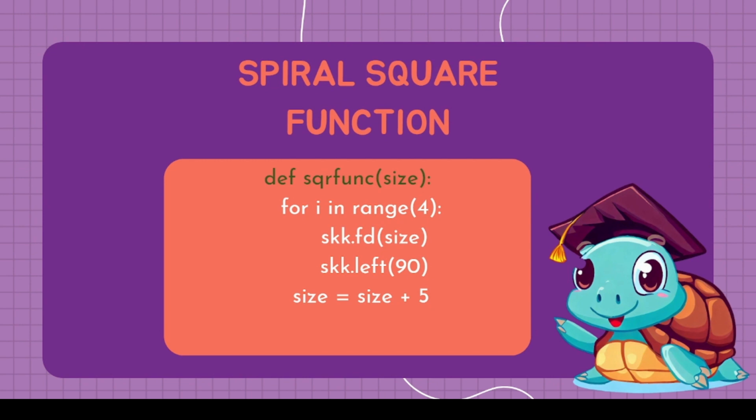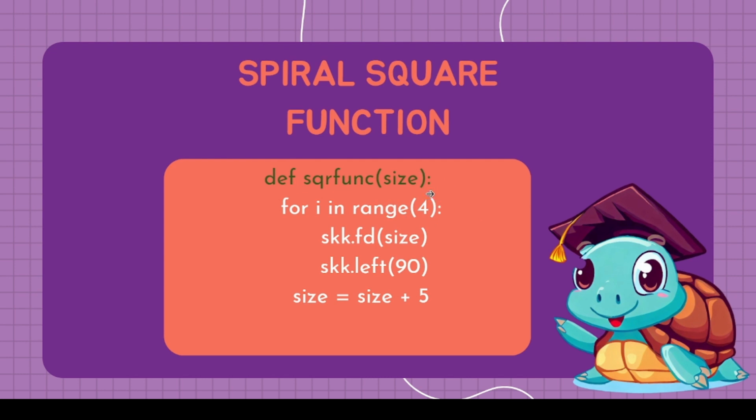First, we will define the square function with a size. This function takes a single parameter size which represents the side length of the square to be drawn. It draws a square by moving the turtle forward by size units and then turning it left 90 degrees. Repeating this process for 4 times.